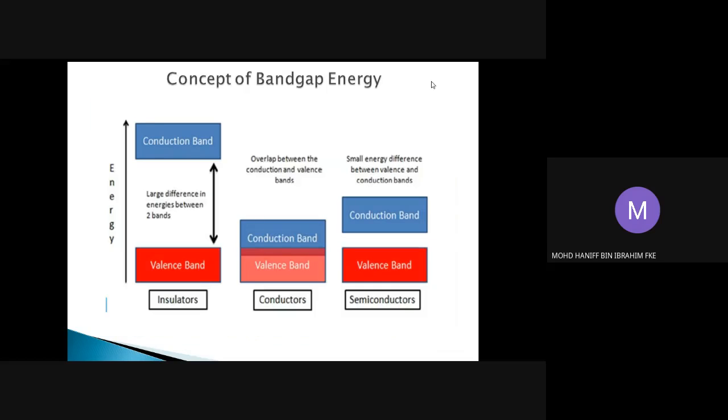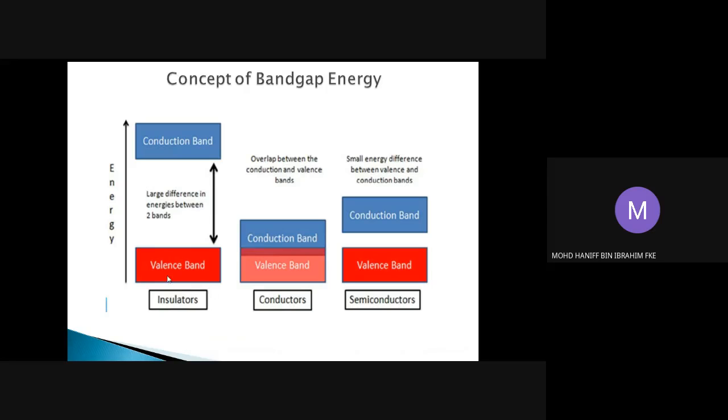Here I put figures which show the bandgap energy in three different materials. We have the insulators here. In insulators, we have a very large difference between the conduction band and the valence band, in which electrons will not be able to move from the valence band to the conduction band.